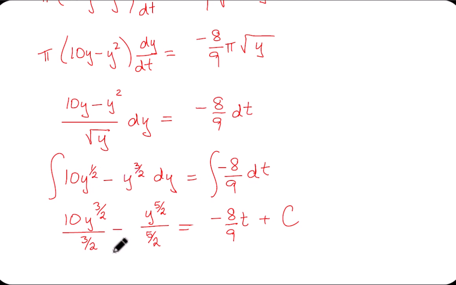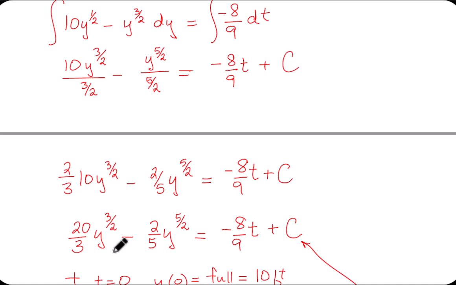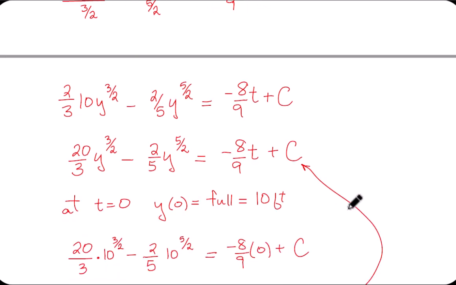Looking at this, I need to clean this up, so I'm cleaning it up by multiplying through. I've got this, flip it over, 2/3, flip this over, I get 2/5. At a time of 0, y0 is full, so that's 10.